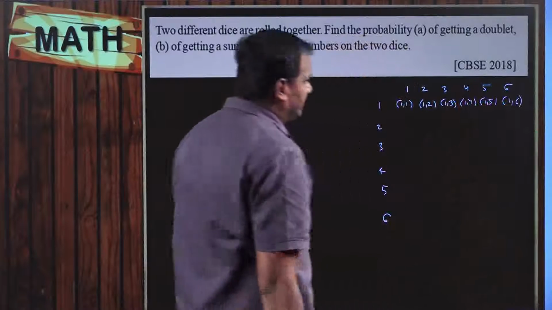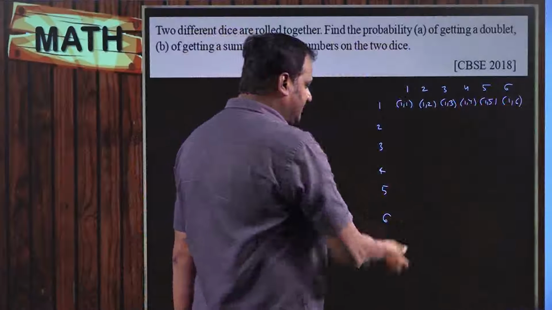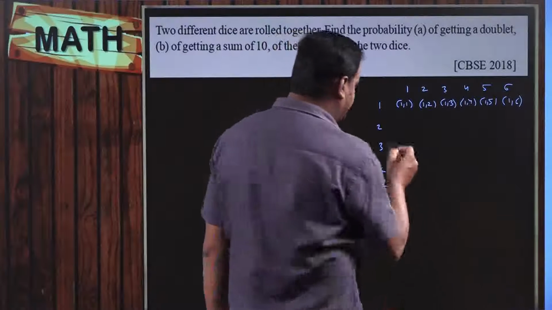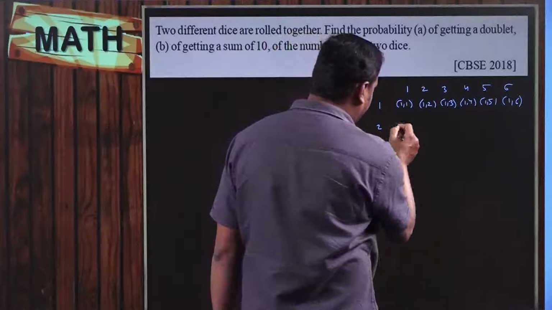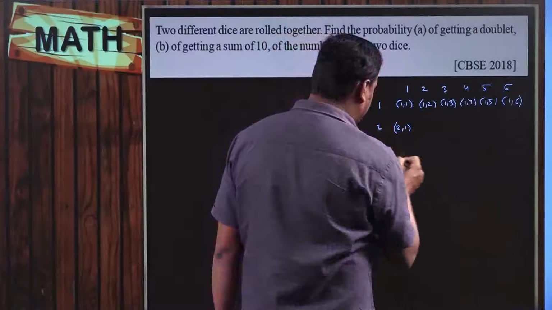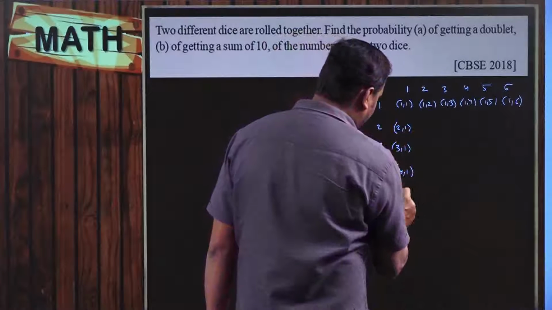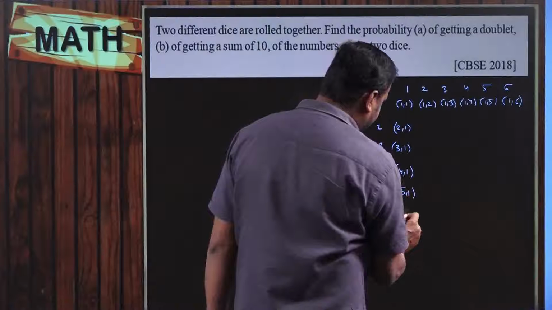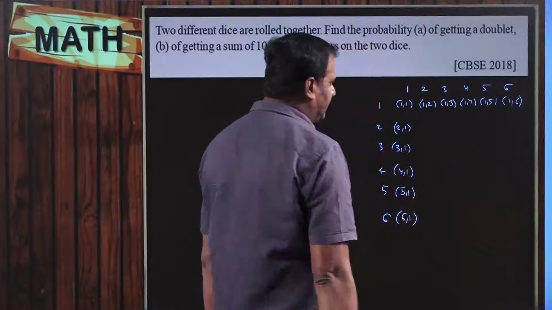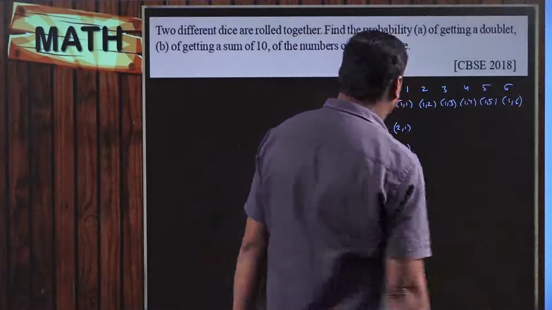Like that with 2, 3, 4, 5, 6 as well. With 2 I can write 2 comma 1, 2 comma 2, 2 comma 3 and so on. With 3, 3 comma 1, with 4, 4 comma 1, with 5, 5 comma 1, with 6, 6 comma 1. And similarly the last one also of course we can identify.